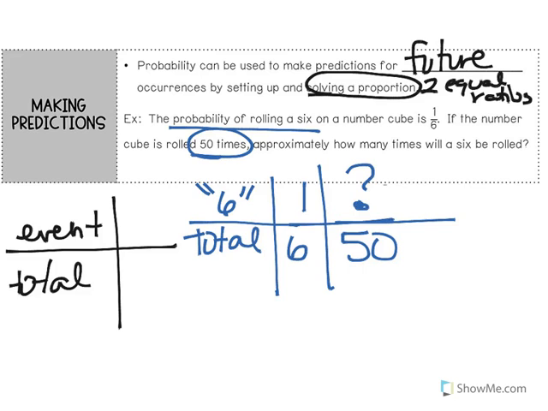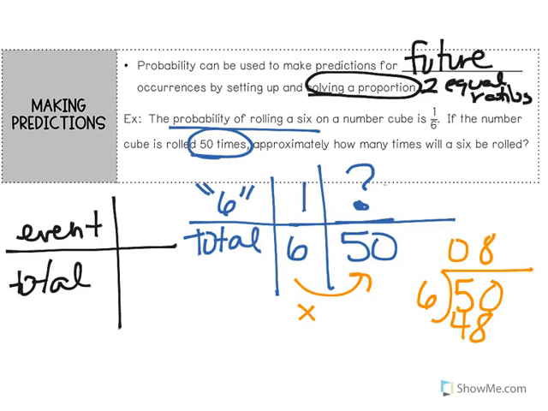So all we need to do is find the scale factor. Well, 6 goes into 50 8 times, and that gives us 2 left over. So I notice that 6 goes in 8 times with 2 out of 6 remaining.